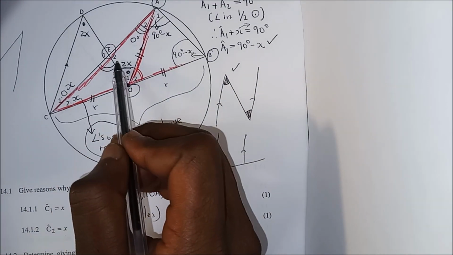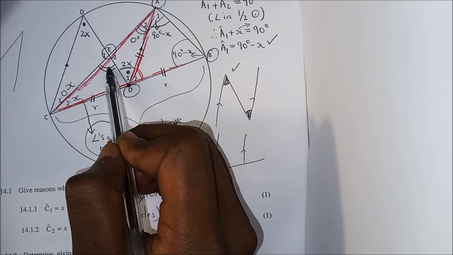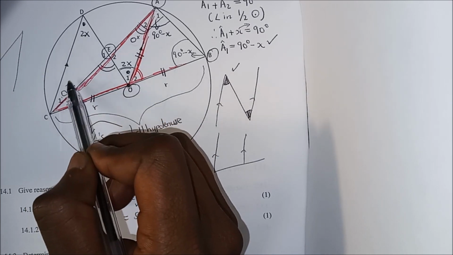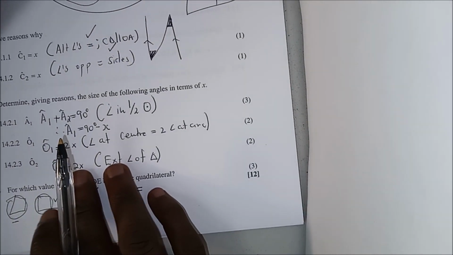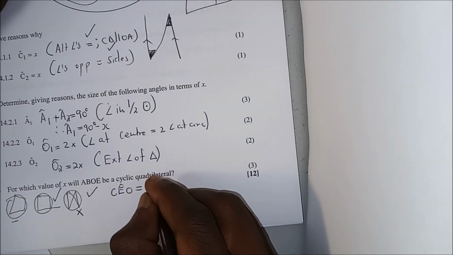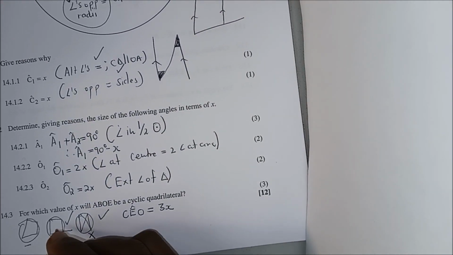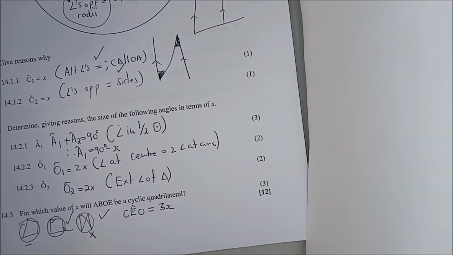CEO is equal to, just check, this exterior angle is equal to the sum of opposite interior angles. So that is 2x plus x. So CEO will be 3x. Now what we know about this is that the exterior equals the interior.